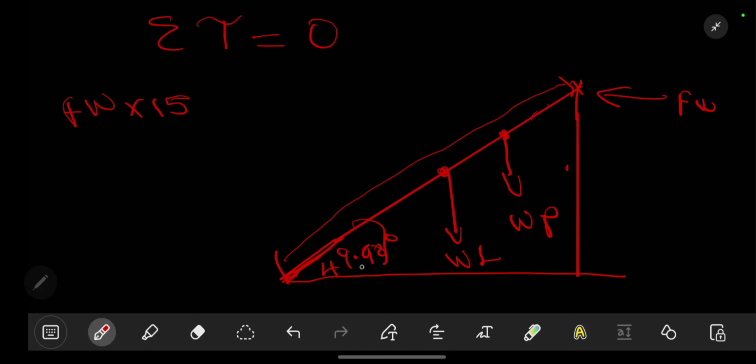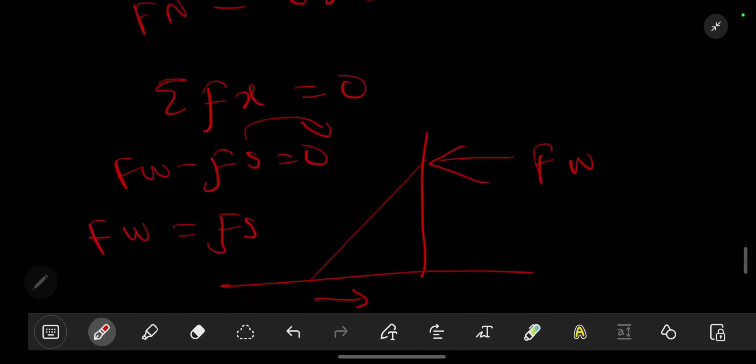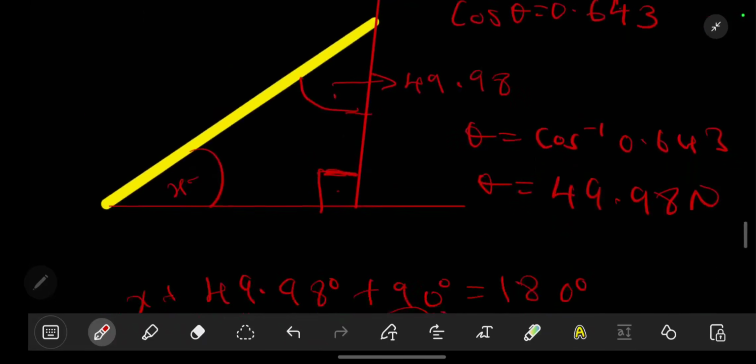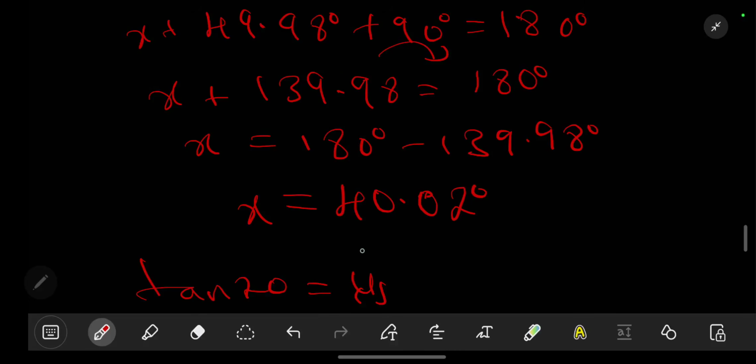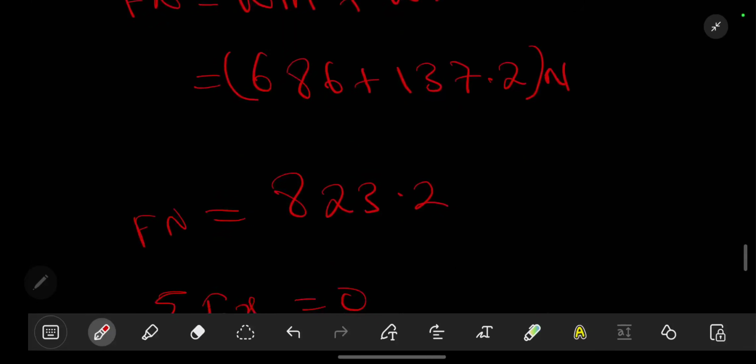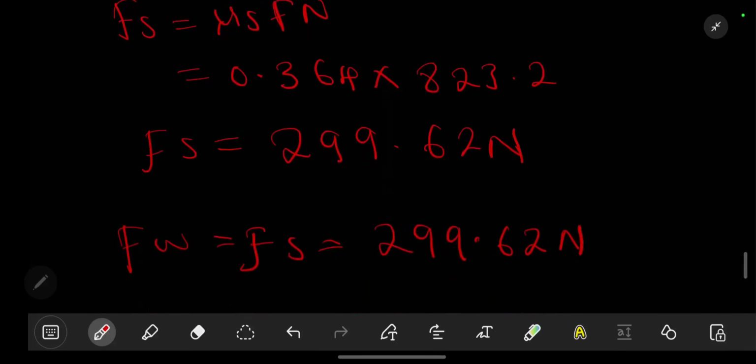Then 15, remember the opposite side, it shall attract the sine there. So we are going to have the sine of our 49.98, like that. Oh, sorry, we found, is it 49? No, what value did we find here? 40.02. Where did I get the 49? It was for the wall. So be careful.